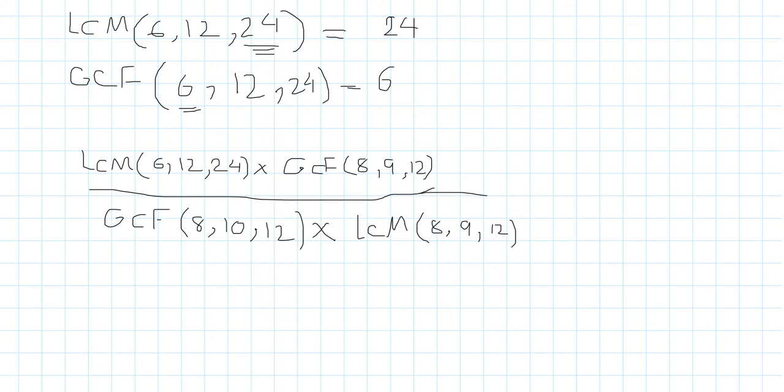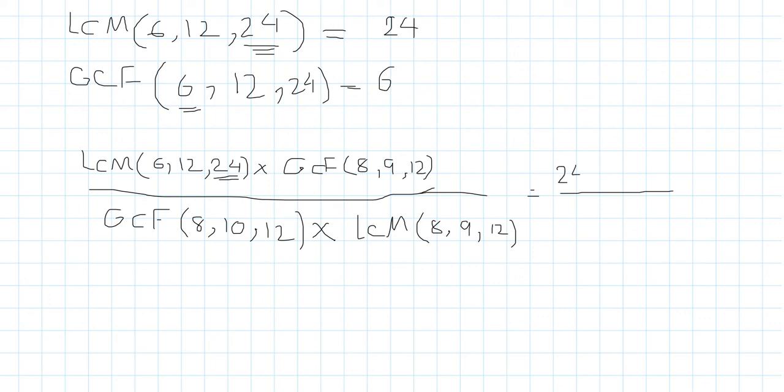Okay, so all of this should be a number. Now we know the LCM of 6, 12 and 24, because they can divide each other, 24 is a multiple of them, so we can say 24 is the answer of the first part.